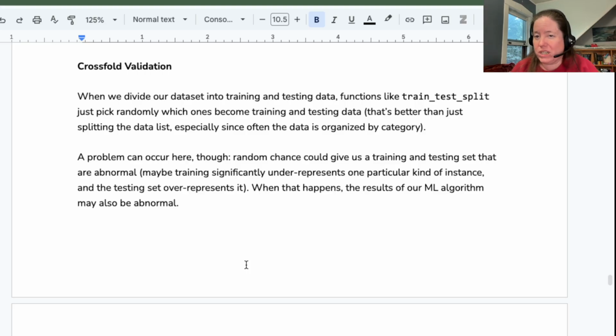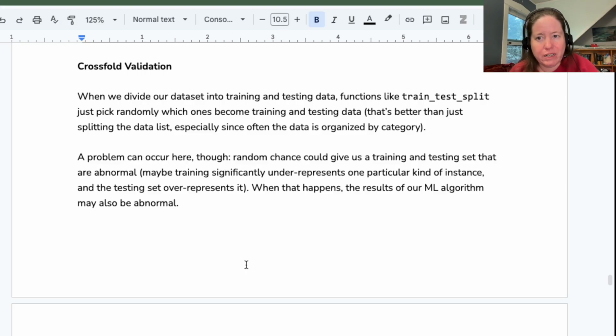So maybe one particular category was really underrepresented in the training data and overrepresented in the validation data, just by random chance. We're randomly choosing things for training and validation, but even randomness can do weird things, right? So you could have a situation where the split that you created was just bad and the model underperforms or overperforms or shows bizarre, strange performance.